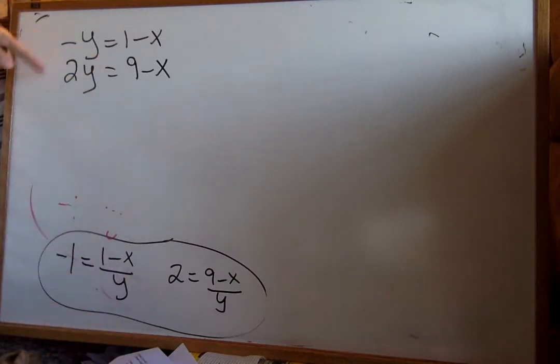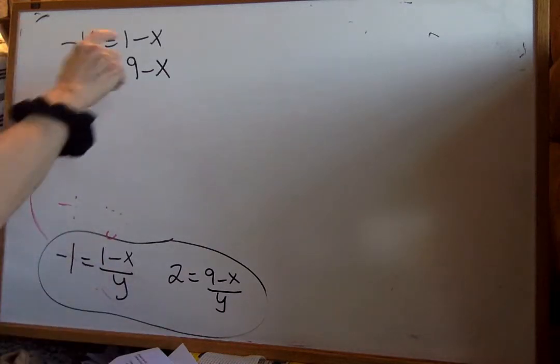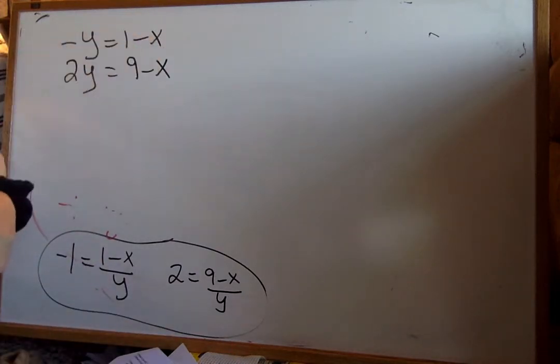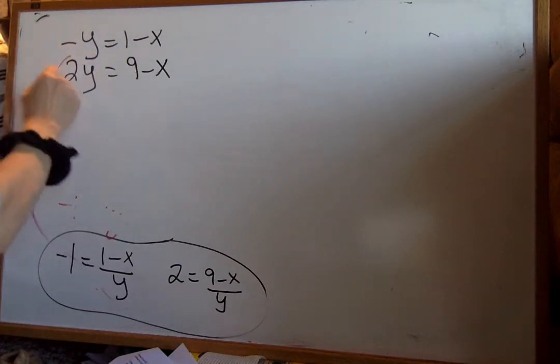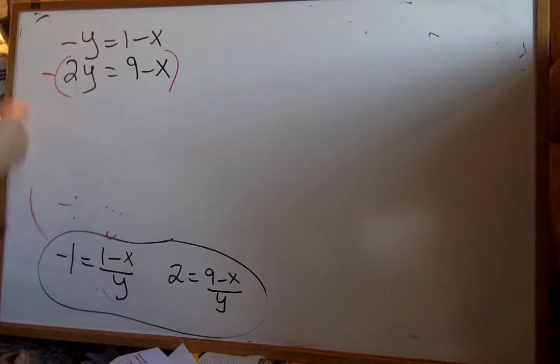But as I'm sitting here, and since I wrote them over top of each other, this actually is begging me for the elimination method. Look, minus x, minus x, everything would fall away. So this is an example where I'm going to subtract, because minus 1 minus minus would be plus 1.